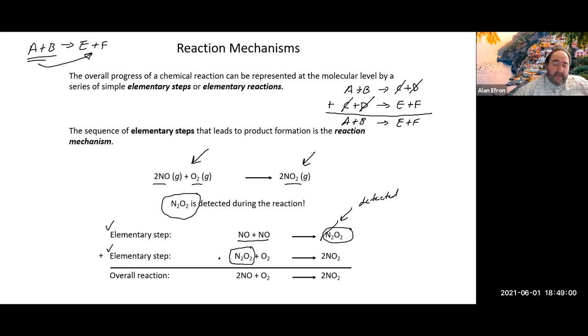And this guy here is going to be our intermediate in this particular reaction. Again, this is a way to explain why we see the N2O2 during this reaction, but we don't see it represented in the overall reaction. And again, we can cancel out that N2O2 as an intermediate.